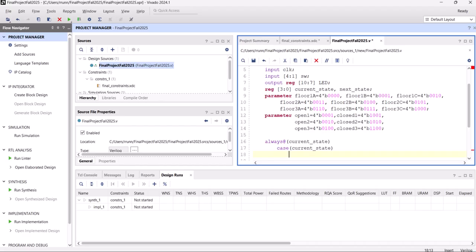And so you're going to list all of your states.